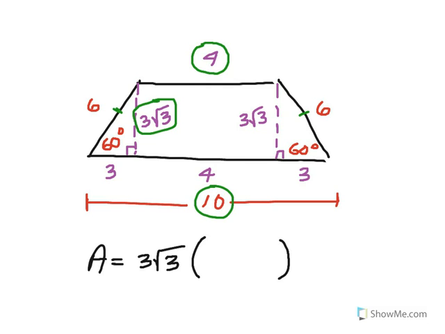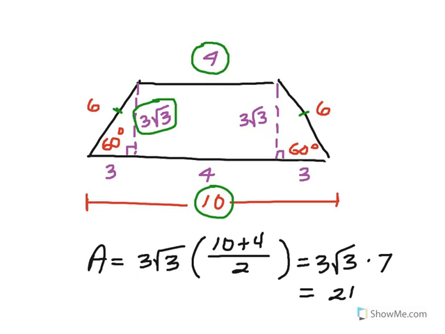So add these up, 10 plus 4, and divided by 2. So this is 3 root 3 times 14 divided by 2, which is 7. So we get an area of 21 root 3, and that's going to be in some kind of square units.